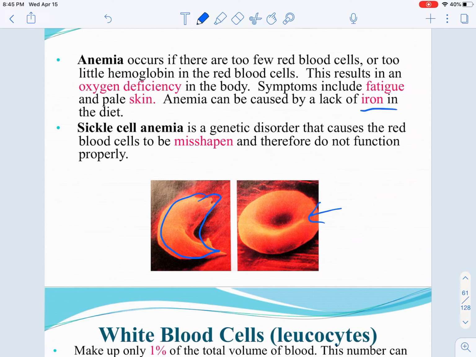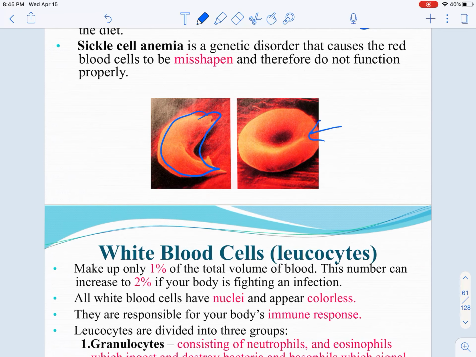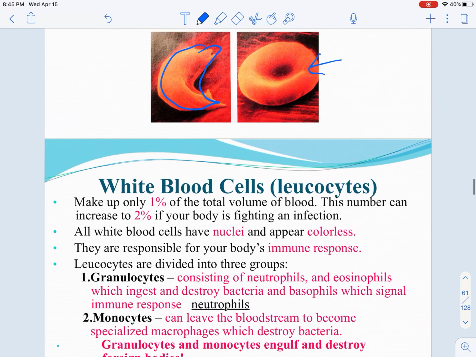The other issue with sickle cells is that they can get sort of lodged in little capillaries and cause tiny little clots everywhere in the body. And so it's pretty serious, especially if it's not treated. Those clots can accumulate to cause some very early death and some serious issues with organs and brain damage.